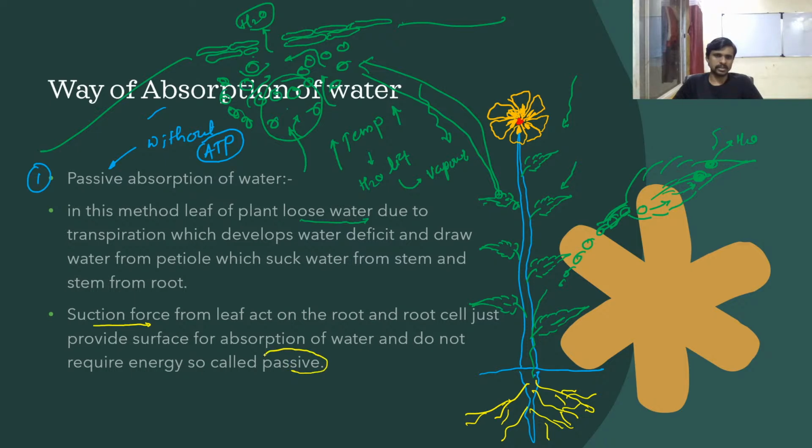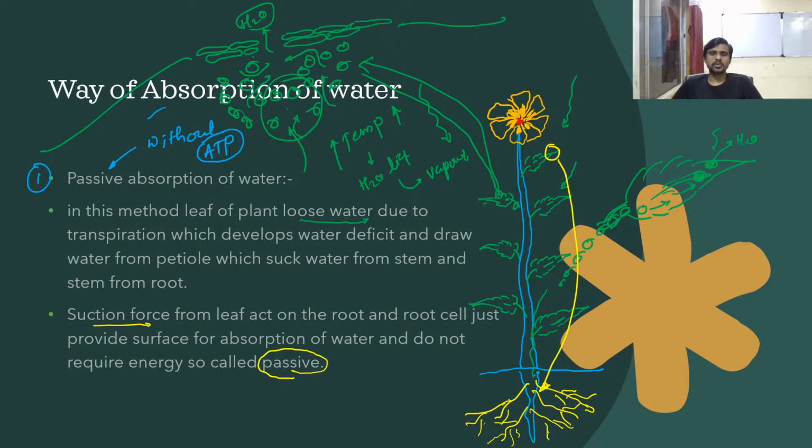Okay, so this pressure or the suction force which is moving from the leaf to the root is a route that does not require any ATP in this pathway, and this route is also not going to absorb or require any ATP to absorb the water.